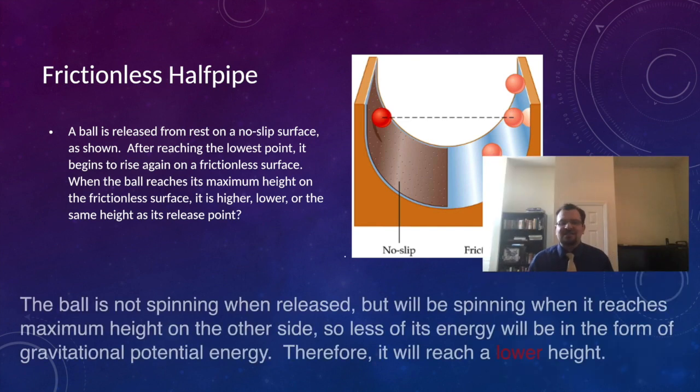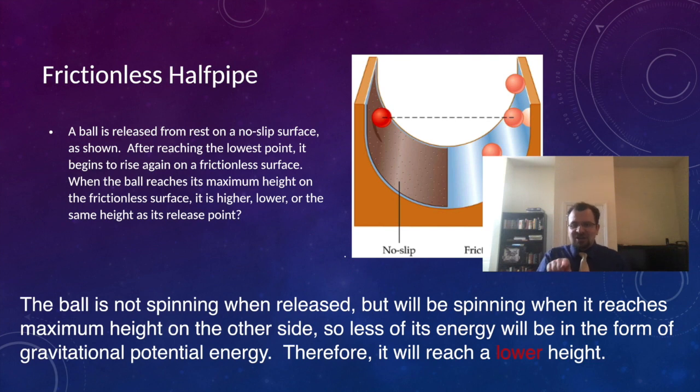And that means that it's going to end up with a lower height because it's going to keep spinning up on the far side, and that energy, which was gravitational over here, is still going to be hung up in rotational motion over here. So we're not going to get as much gravitational energy on the far side.